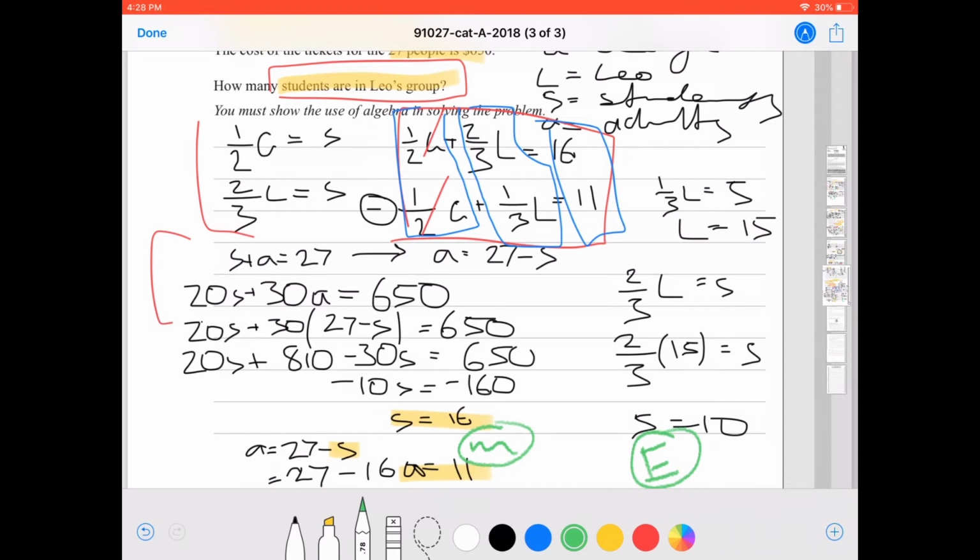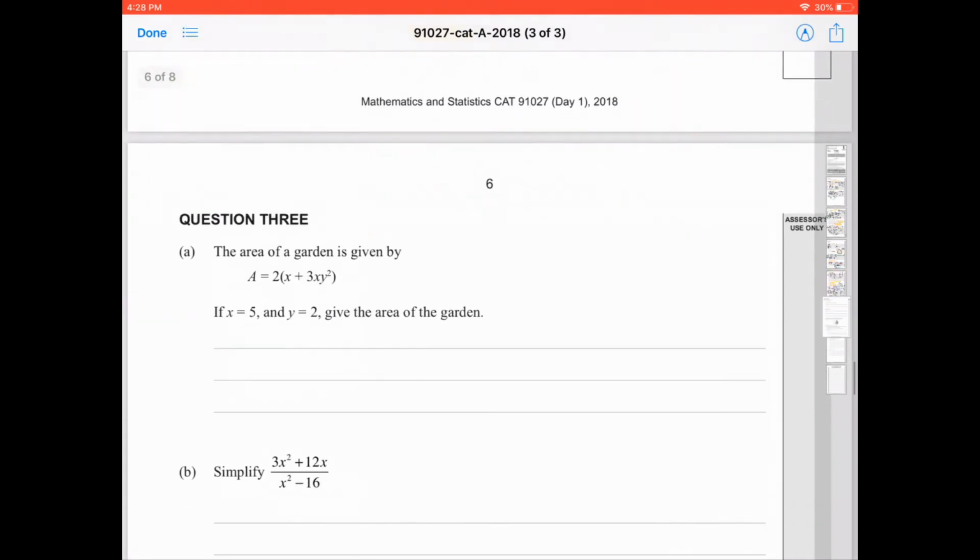So 2 equations correct gets you the achieved. And I think perhaps not the half G equals S and 2/3 L equals S, but maybe these equations here. Okay, they get you achieved. Simply writing them down, forming them, gets you the achieved. Okay, that's us for question 2. Let's move on to question 3.